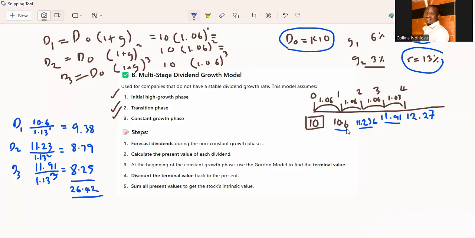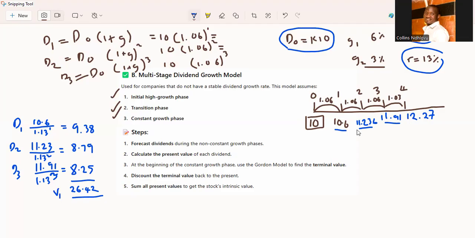That is what produced 10.6, 11.23, and 11.91. So these are the future growths for the dividend of 10 quarter in the next 3 years. However, we can discount and find the value of stock now. Since it's year 1, we divide by 13% to the power 1 here. We reduce this by 13% to the power 2. Reduce this one by 13% to the power 3. That's what we did here. So for the first phase, we're using the constant growth model. So the value of stock in phase 1 is 26.42.